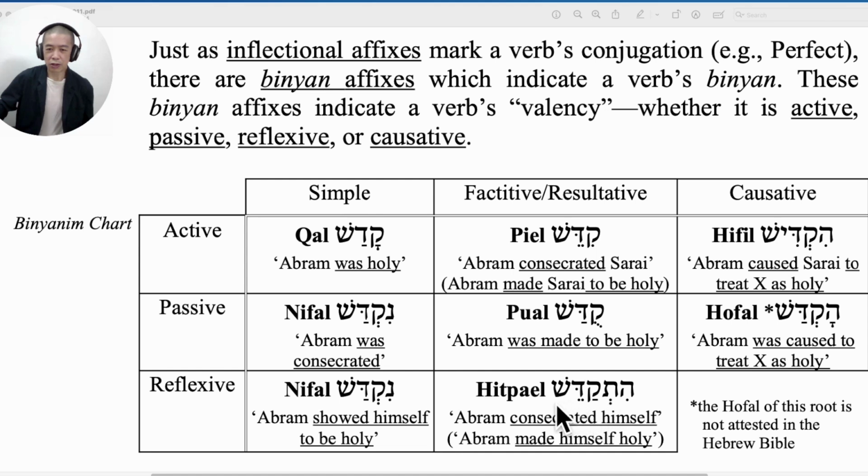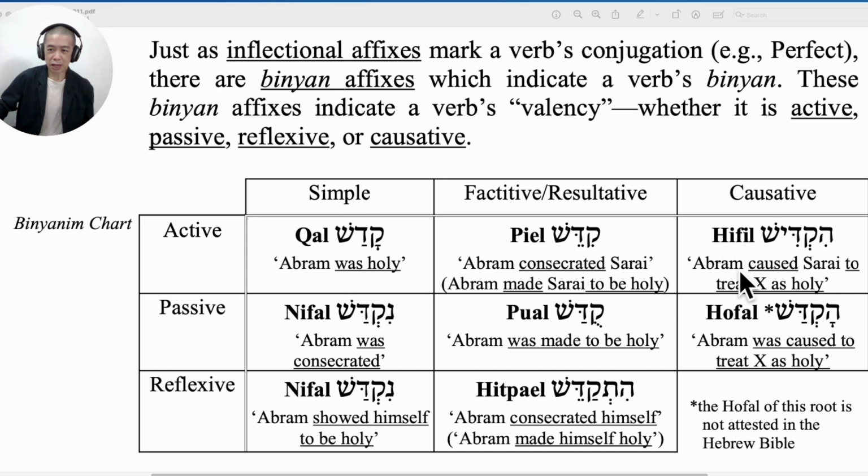So a very nifty way to memorize the shortcut of these forms is we can use the acronym Q for quack, N for neck, P for pull, pop.